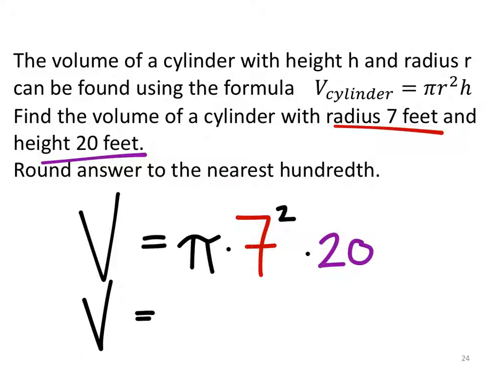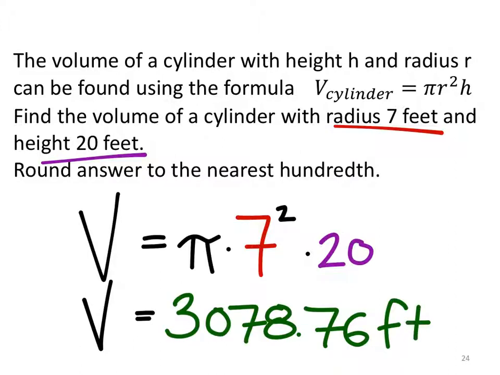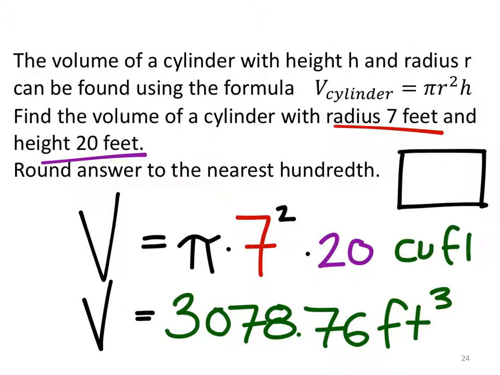And pi times 7 squared times 20, 3078.76, that's rounded already. But it's feet, since it's volume. So from what we did before, area is just 2-dimensional, length and width. This one has 2 radiuses and a height, which is 3 dimensions. So it's cubic feet, which you could also write as cubic feet like this.